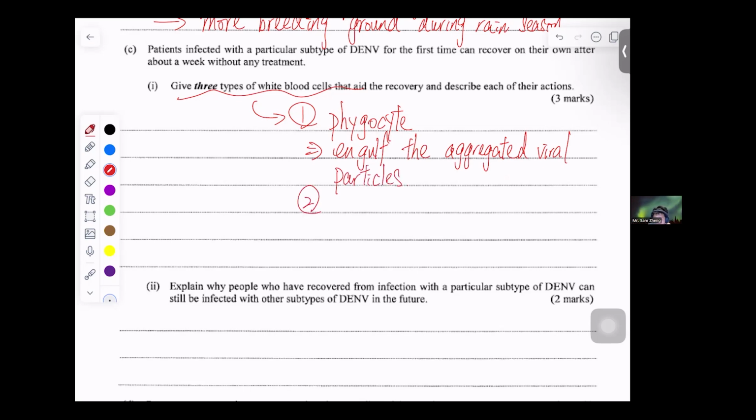Then the second one, which is our B lymphocyte, or the plasma cell. What will they do? They will produce antibodies to neutralize the dengue viral particles.